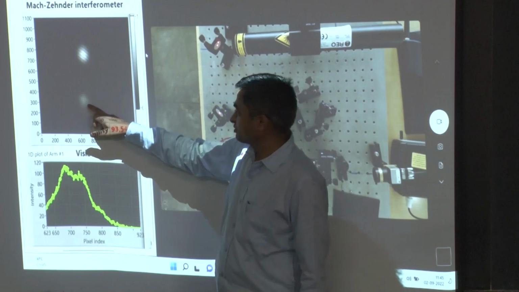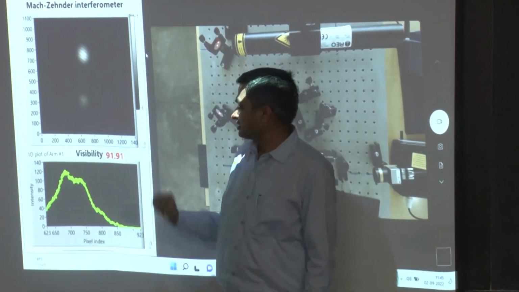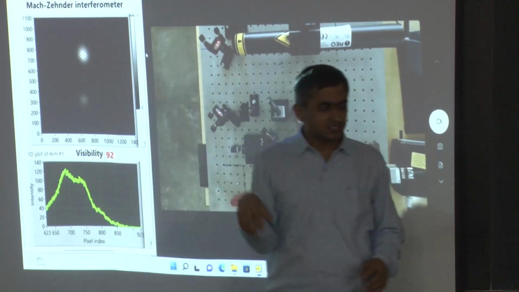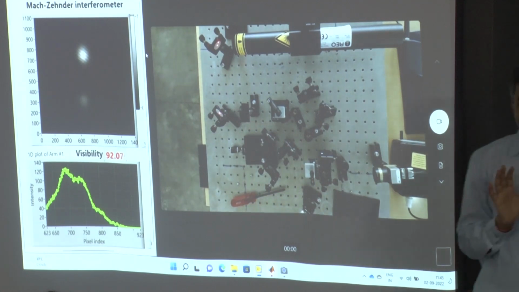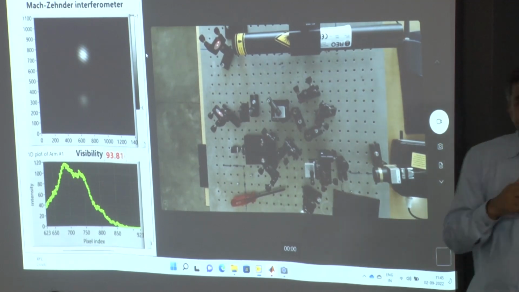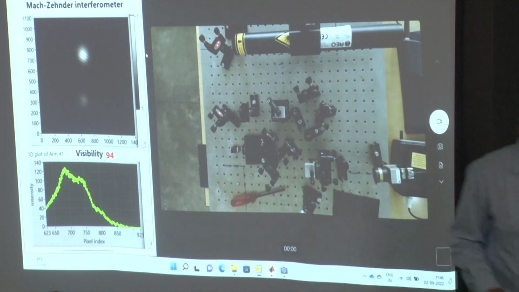And you have seen that this one almost goes dark, and then bright. That is proof that the visibility is very high. But we'll come back to these spatial fringes and then increase this tau to the extent that we can, and see if that decreases the visibility. That will be proof that if I increase tau, it decreases the temporal coherence. So let's hope that it works.